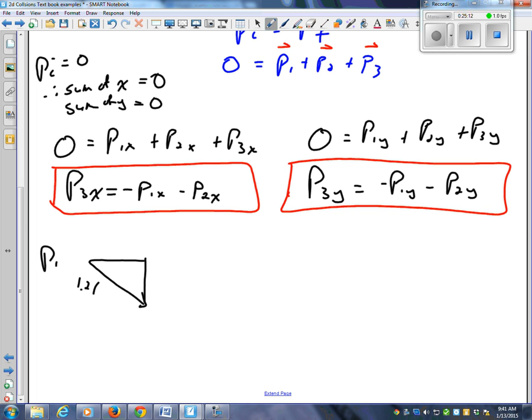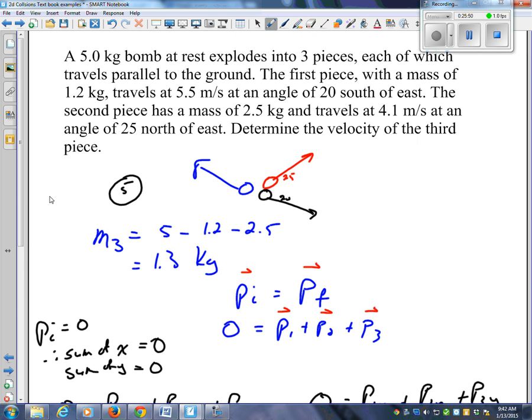One point two times 5.5. This is P1x, P1y. So P1x is going to be, and the angle was 20 degrees, 1.2 times 5.5 times the cosine of 20. Why cosine? Is it 5.5 or just 5? I see, 5.5.